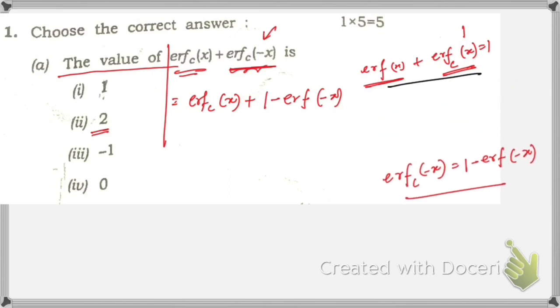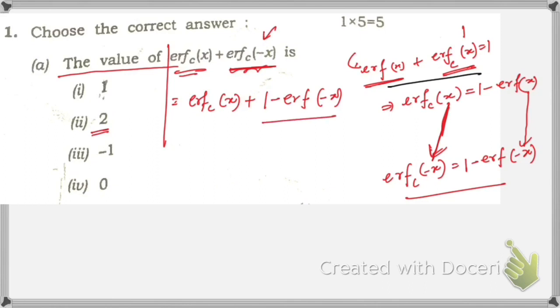From this we can obtain complementary error function of x is equal to 1 minus error function of x. So if you replace this x by minus x, then the other x must also be replaced by minus x. So we have got this result.